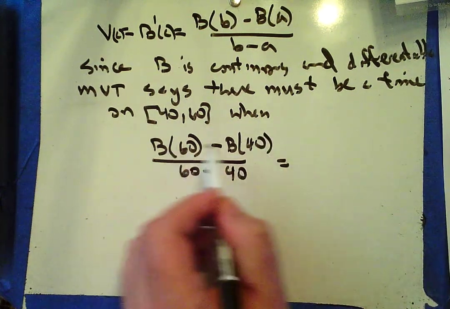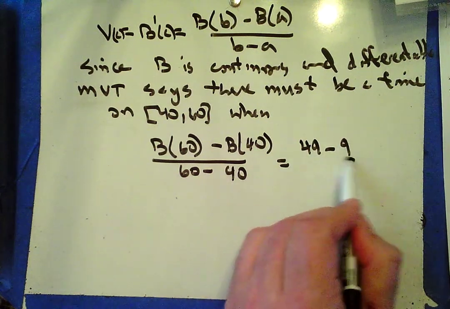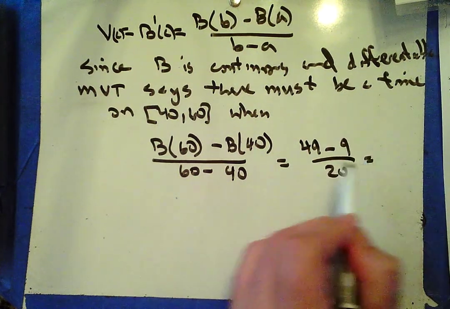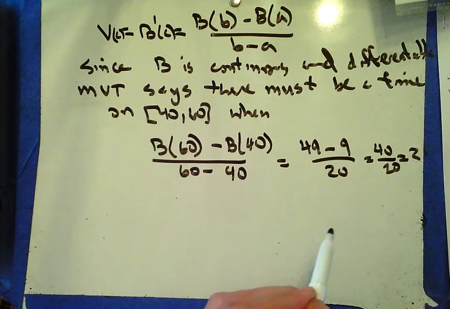Well, I get b of 60 is 49, b of 40 is 9, and I get 20 here, and so I get 40 over 20, or 2.